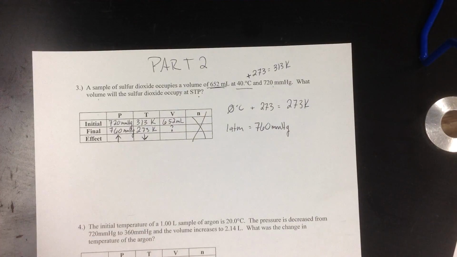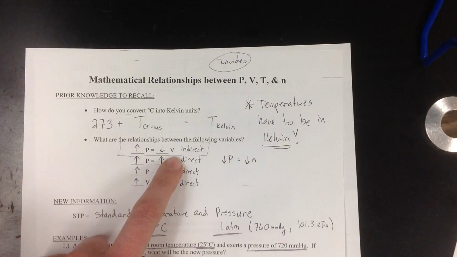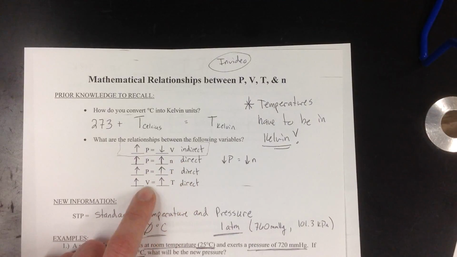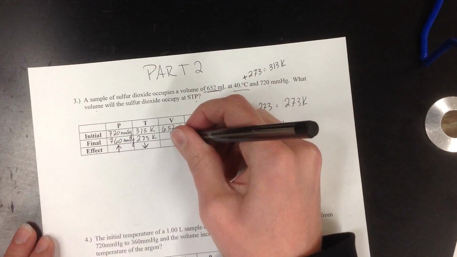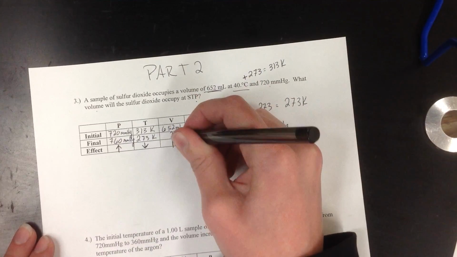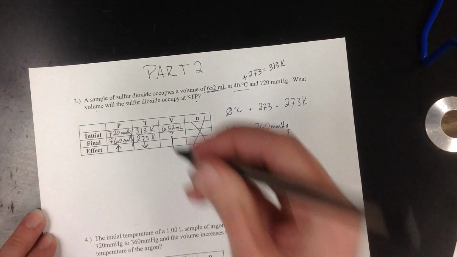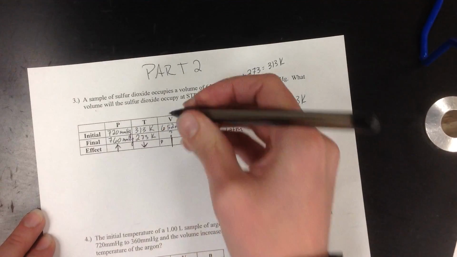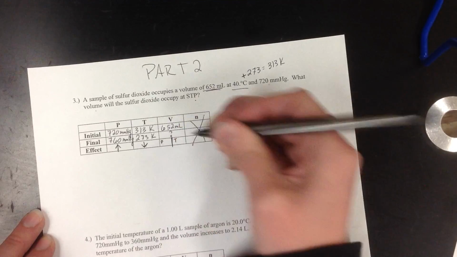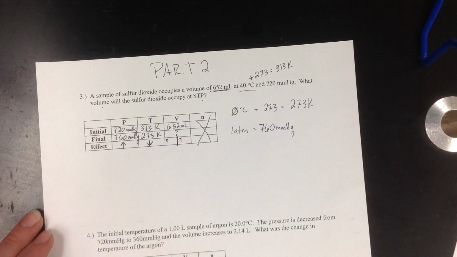Now, what's going to happen to my volume? Well, there are two different relationships. One that relates pressure to volume and one that relates temperature to volume. So I have to see the effect of both of them. What I'm going to do is split this box in half, and look at what my pressure does and what my temperature does to my volume.